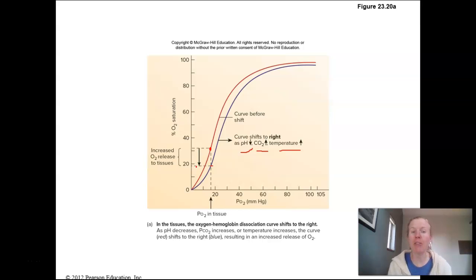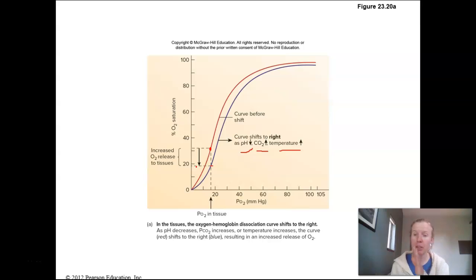They made that like 15% more oxygen being delivered, because hemoglobin changes its affinity for oxygen and it's willing to release. It's willing to deliver with low pH, high CO2. Those two always go together, right? And then high temperature. And so this is actually super, super cool to me.